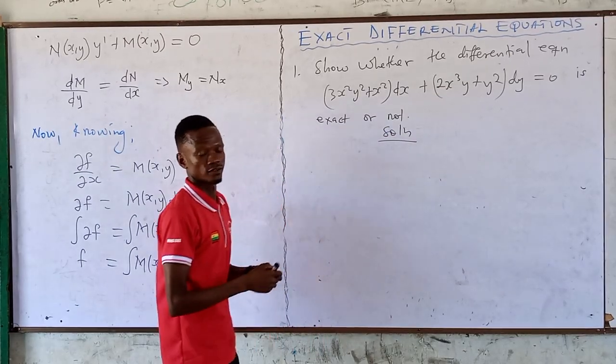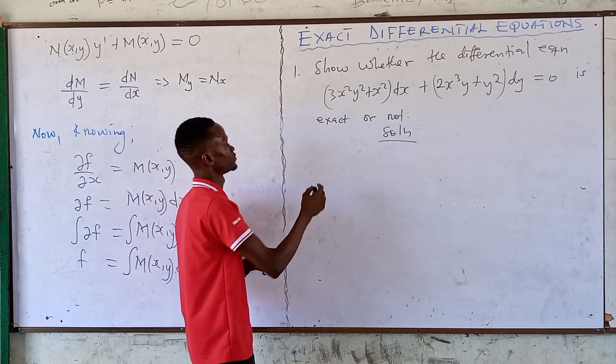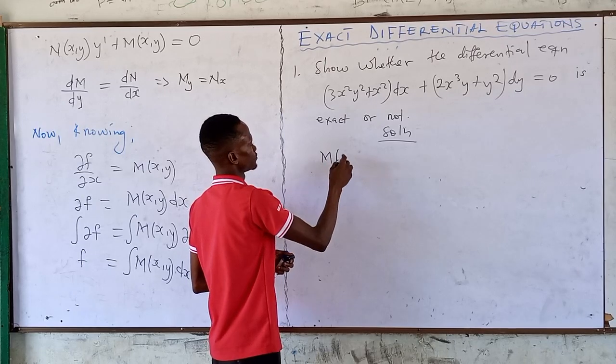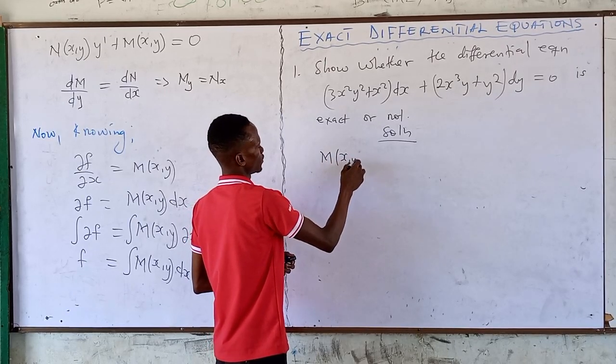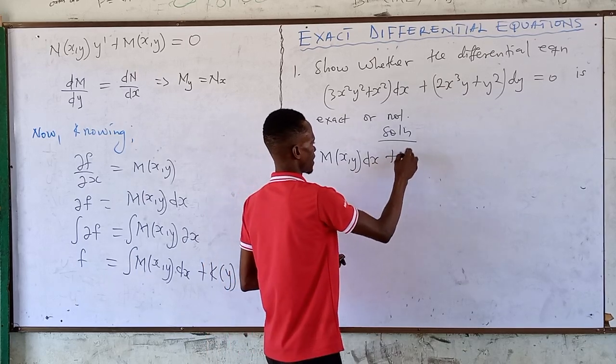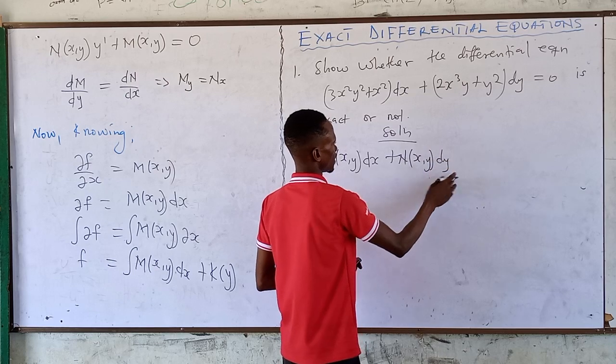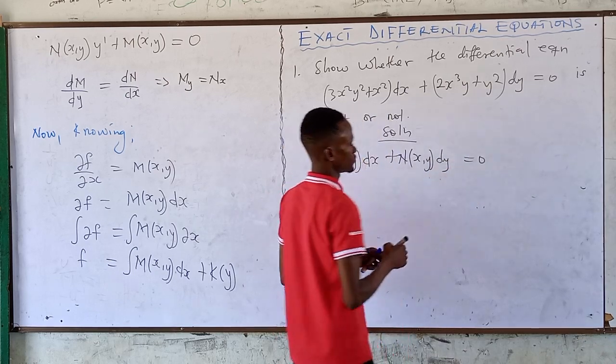So as we learned, the exact differential equation is of the form M(x,y) dx plus N(x,y) dy equal to 0.